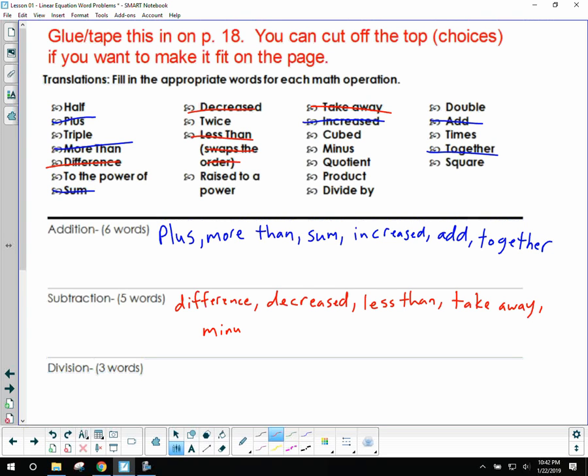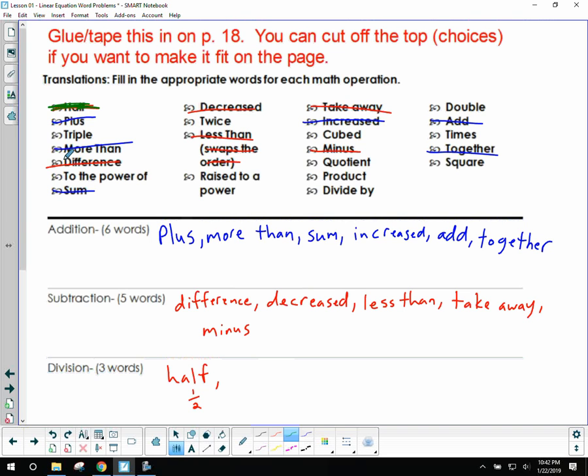Division, there's only 3 words. Let's see if we can find them. Half would be a good word. And that would be dividing by 2, in case you didn't know. Oh, I was going to change colors. Let's make it green. Oh, would you look at that? Didn't turn green, now did it. I'm going to scribble that out and then erase it because I'm that extra. So, half.